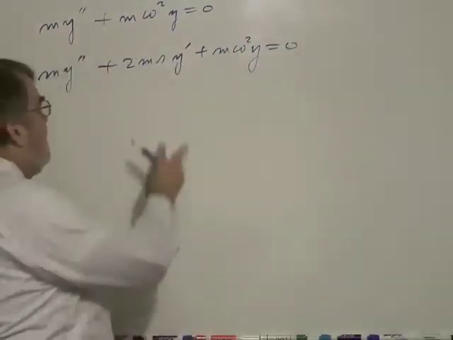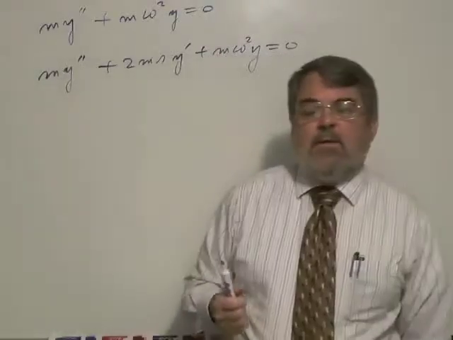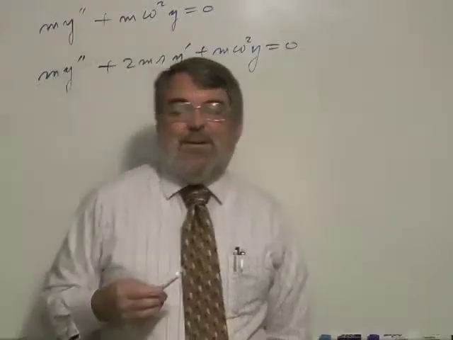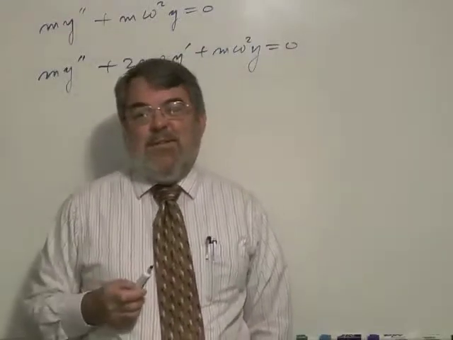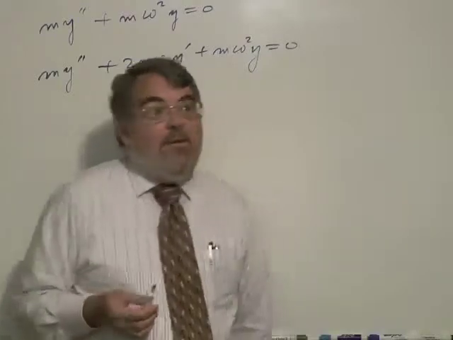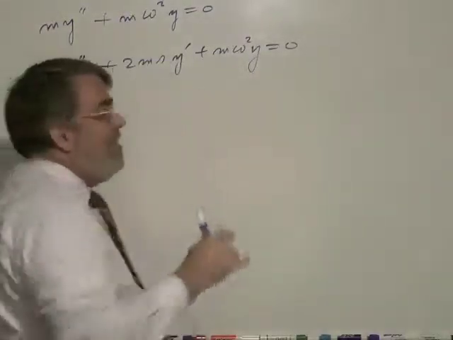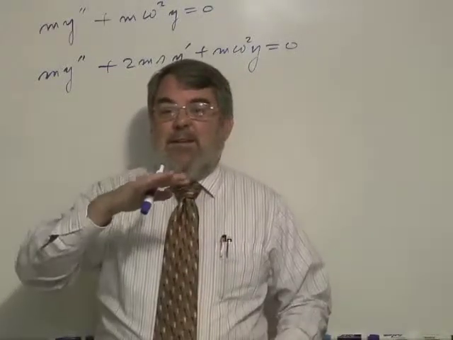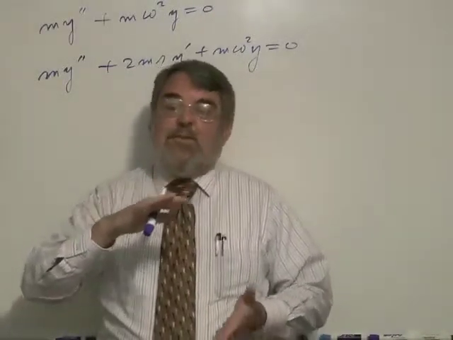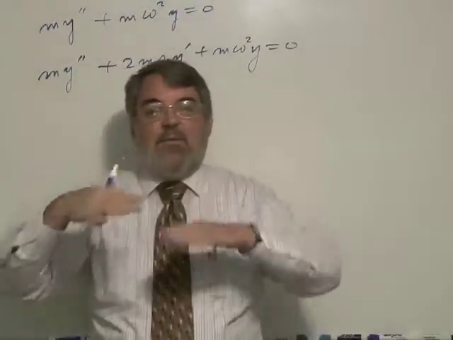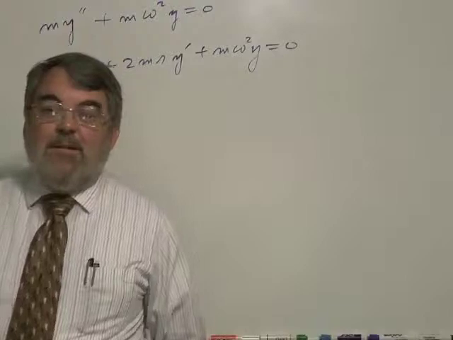And so this term here is the resistance factor. And the resistance is proportional to velocity. So the faster it springs back, the more resistance. If a spring is springing back twice as fast, there's twice as much resistance. Does that make sense?